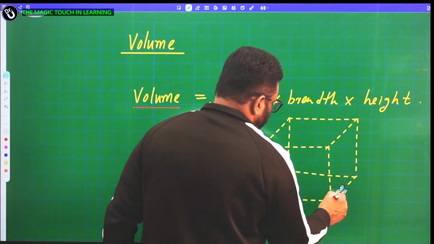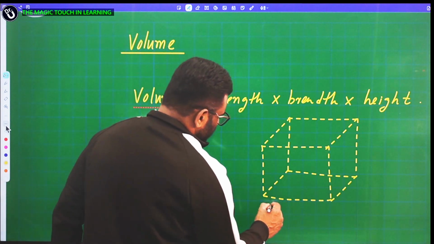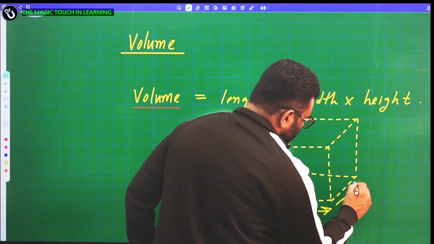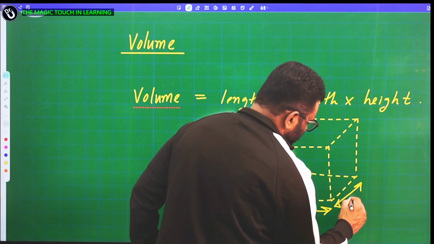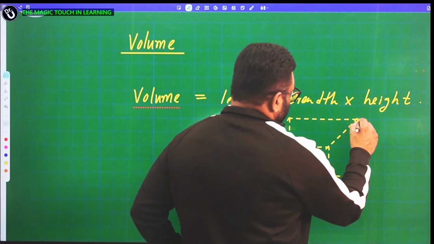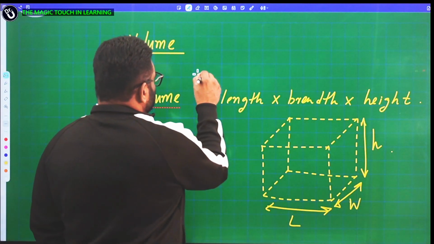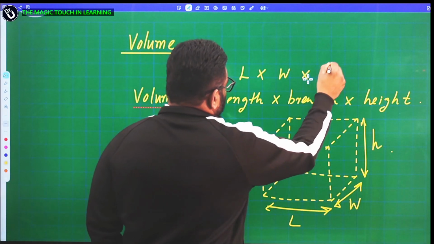How do you understand that properly? This way. I'm going to have a cuboid here. This is your length, you can say this is your breadth or width, so I would say W. This is your height, H. You can see that this is equal to length times width times the height.